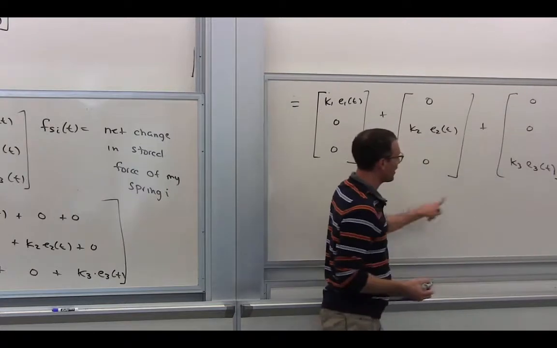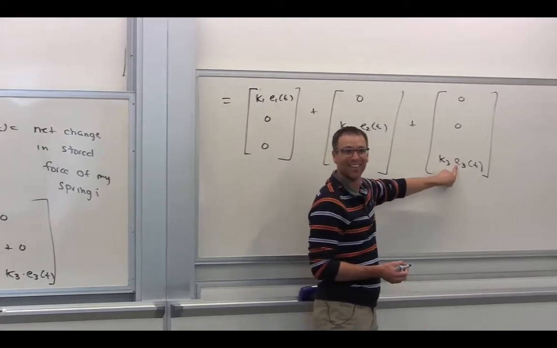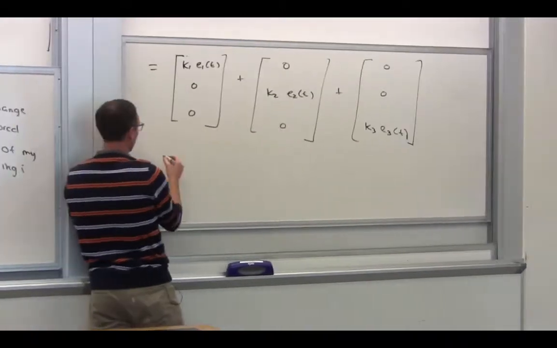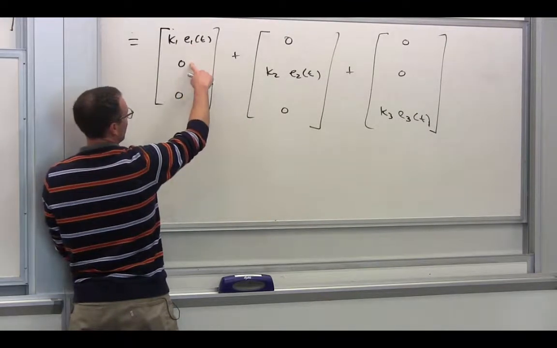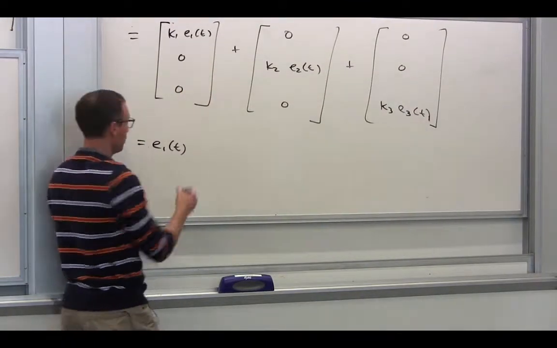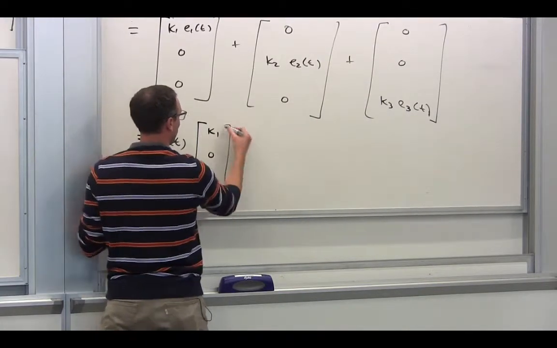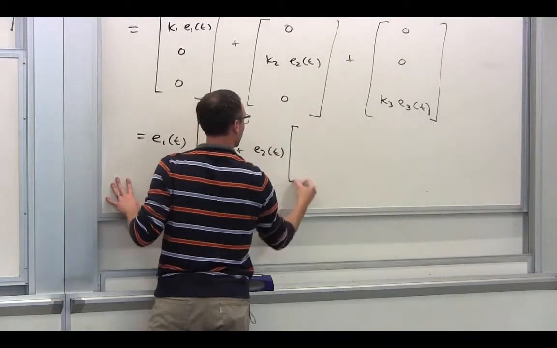In this case, let's think about the scalars as the function, e. What scalar is multiplied by every constant in that vector? Would you agree that e1 shows up there, it shows up there, and it shows up there? What's the vector left over? k1, 0, 0. What's the next one? e2 of t.